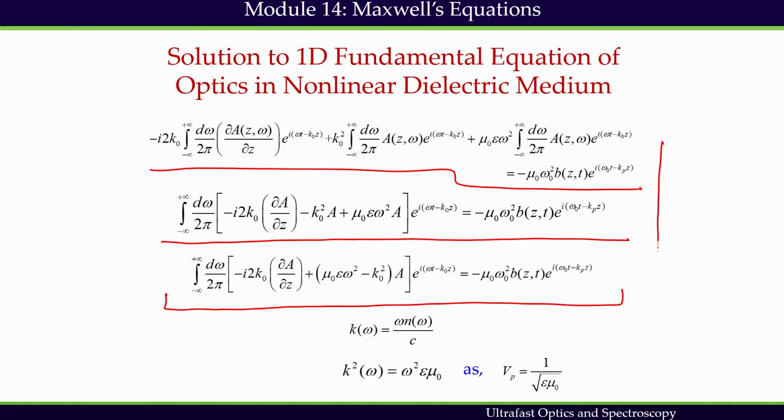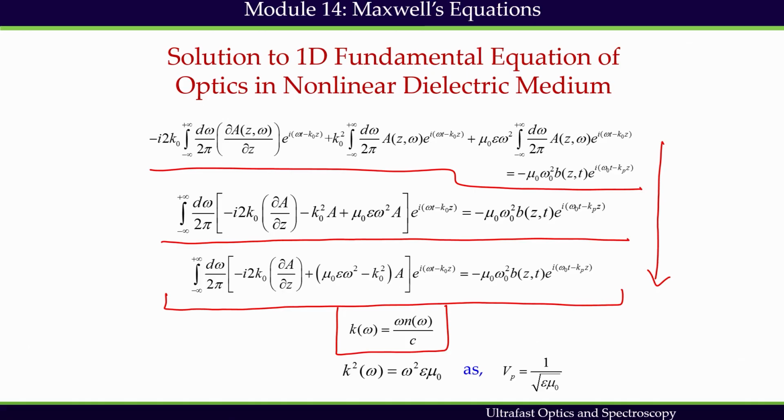These steps can be easily obtained. Now, at this point we will insert the dispersion relationship. This kind of dispersion relationship we have seen in dispersion effects of nonlinear pulse propagation.